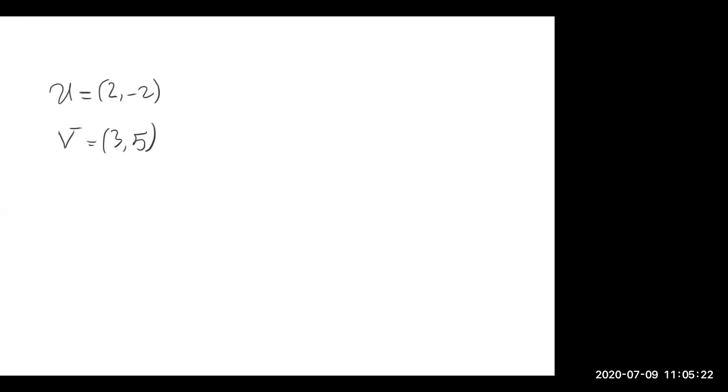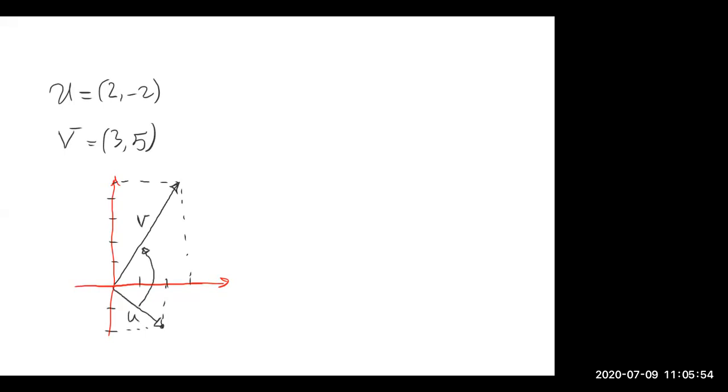Before giving an answer, we can always look at these two vectors and guess what the answer should be, right? So we have 2 and minus 2, and that's u. We have 3 and 5. That's v.